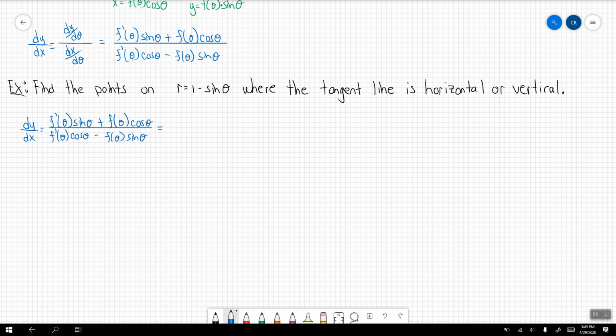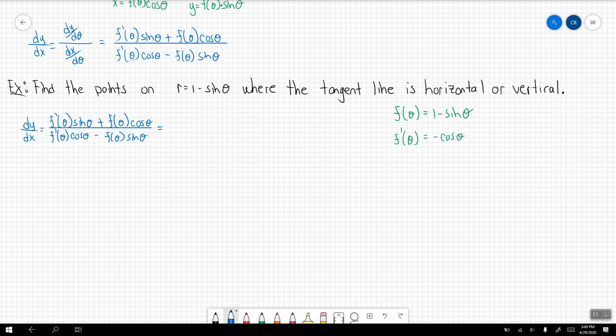So now, using this function that I have here, so the function that was given to me, this f of theta, is just 1 minus sine of theta. So when we take the derivative here for f prime of theta, this is now just going to be negative cosine of theta.